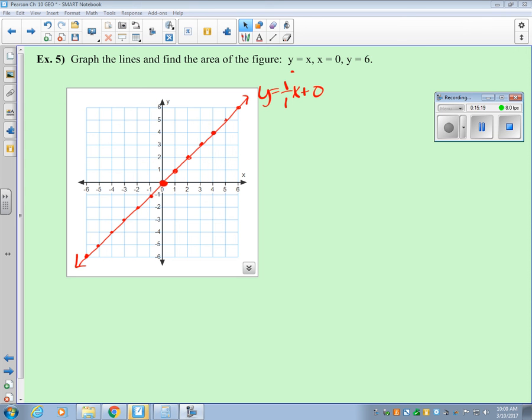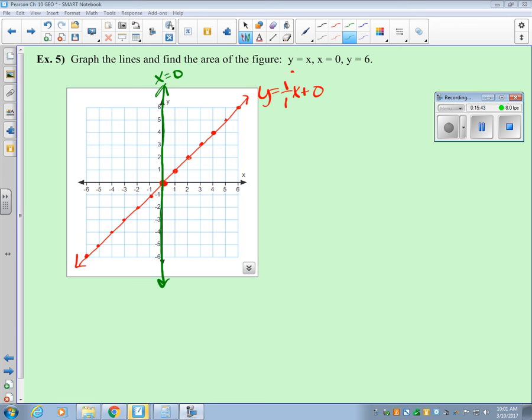Okay, the line x equals 0. We did a bunch of these with our lines of reflection in chapter 9. X equals 0. Anything x equals is a straight up and down line. And 0 is right here. I don't need help keeping that line straight because I've already got a line that does that.